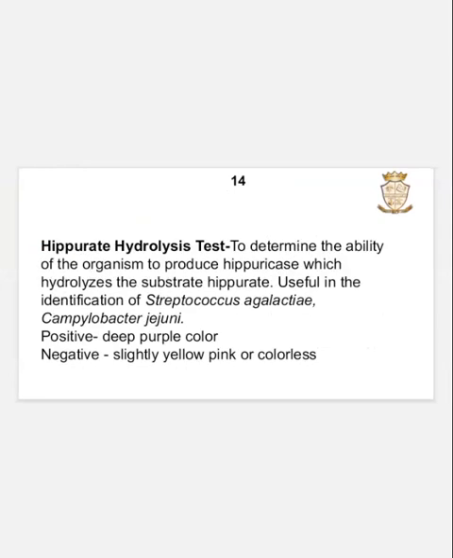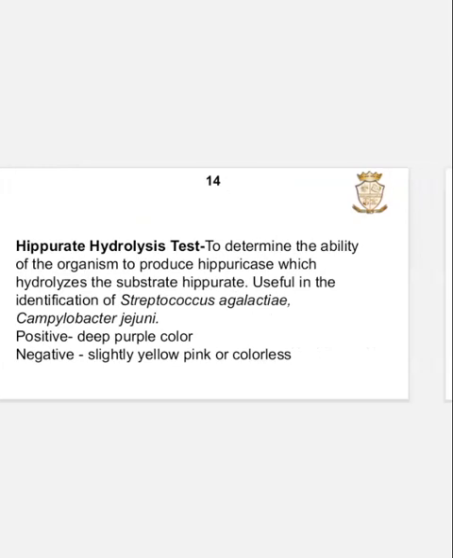Hippurate hydrolysis test determines the ability of the organism to produce hippuricase, which hydrolyzes the substrate hippurate. Useful in the identification of Streptococcus agalactiae and Campylobacter jejuni. Positive is a deep purple color, negative is slightly yellow-pink to colorless.